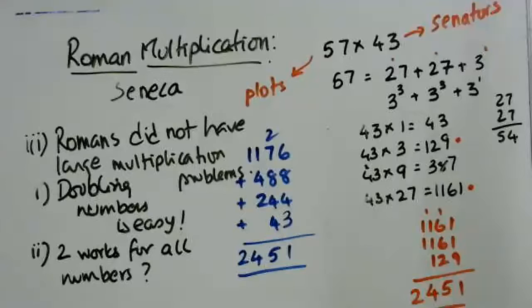So their mathematics was very closely tied, I'm talking about the Romans in particular, to real world situations, and also to business and commerce. That is the reason why I think that the Romans would not have required very large numbers.